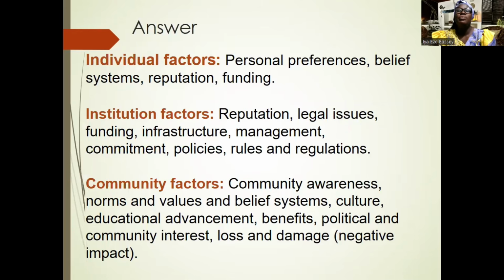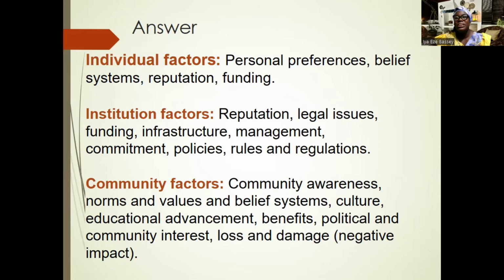Let's see. If you're talking about individual factors, you can think of personal preferences. One person may think that if 20 people die, the risk is acceptable. Another person may say, no, even one person should not die.